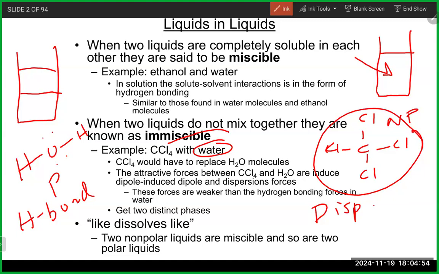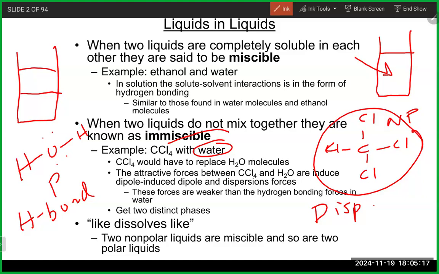And they cannot maintain that interaction over a long period of time. If you remember, dispersion forces are pretty much the main type of intermolecular force for nonpolar molecules, and it's the weakest of all the intermolecular forces, while hydrogen bonding is the strongest of all the intermolecular forces, and that's really what polar molecules use when they have the ability to hydrogen bond.